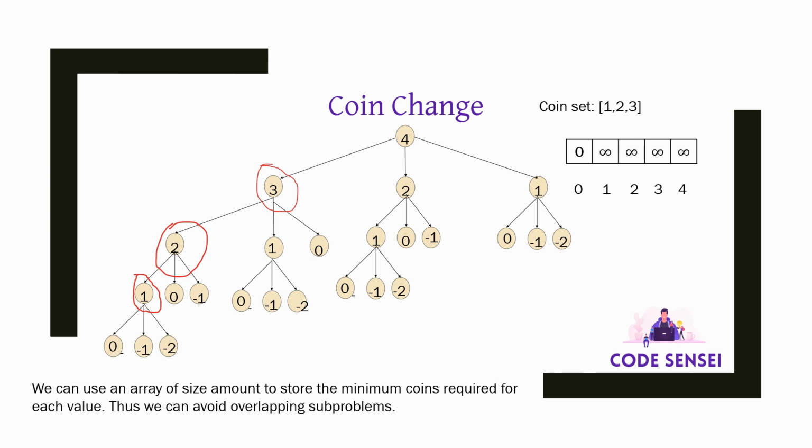I hope you all get how this is happening, because this is if the coin value 1 is taken, coin 2 is taken, and coin 3 is taken. So 4 minus 1 is 3, 3 minus 1 is 2, 2 minus 1 is 1, and 1 minus 1 is 0.